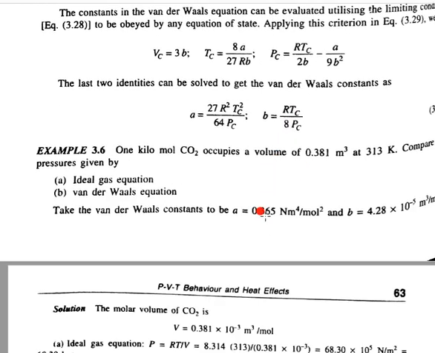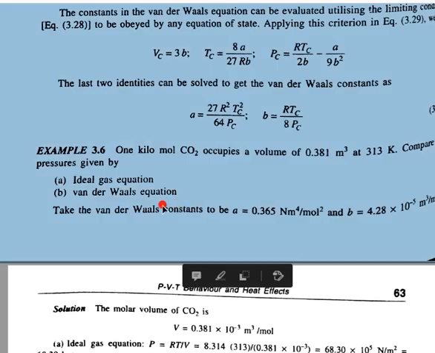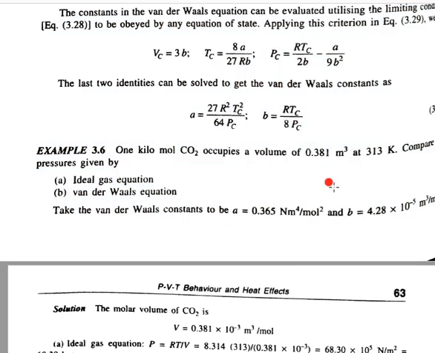Okay, so first see example 3.6. 1 kilomole of CO2 occupies a volume of 0.381 meter cube at 313 Kelvin. Compare the pressure given by the ideal gas equation and the van der Waals equation.